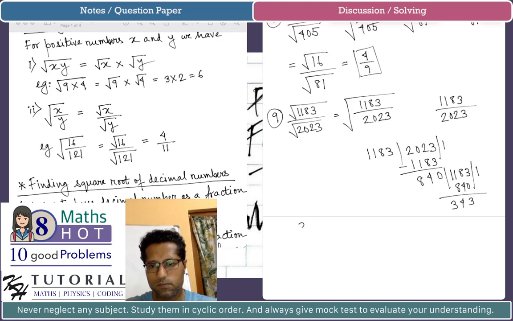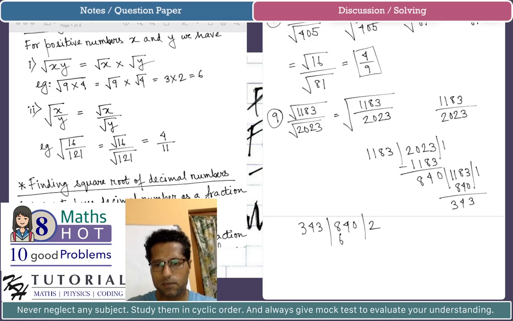So now 343 will divide. 840 will become the dividend, and the remainder will be the divisor, and we have 2.